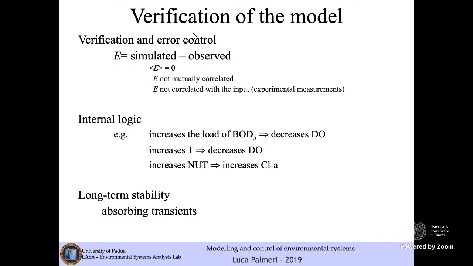For example, if one state variable of my model is BOD5, so biological oxygen demand over 5 days, then I'm expecting that an increase in the load of BOD5 corresponds to a decrease of dissolved oxygen, or an increase in the temperature corresponds to a decrease of dissolved oxygen, or an increase in nutrient loads corresponds to an increase in chlorophyll A. If these checks are not positive, this means that your model is missing some internal logic.